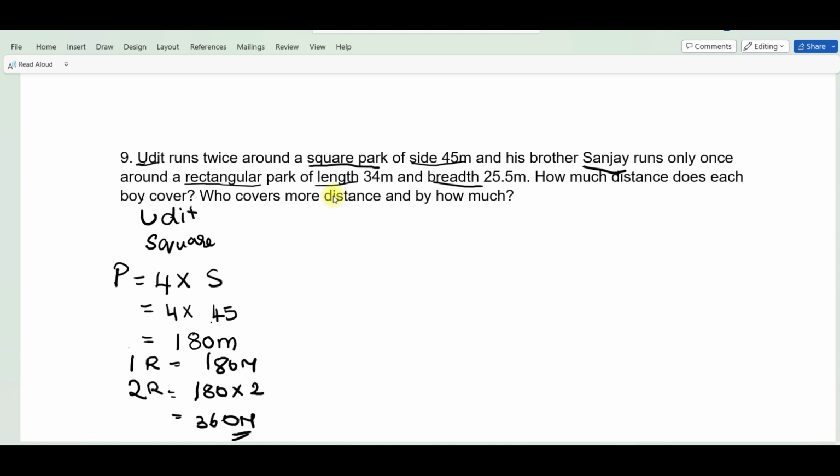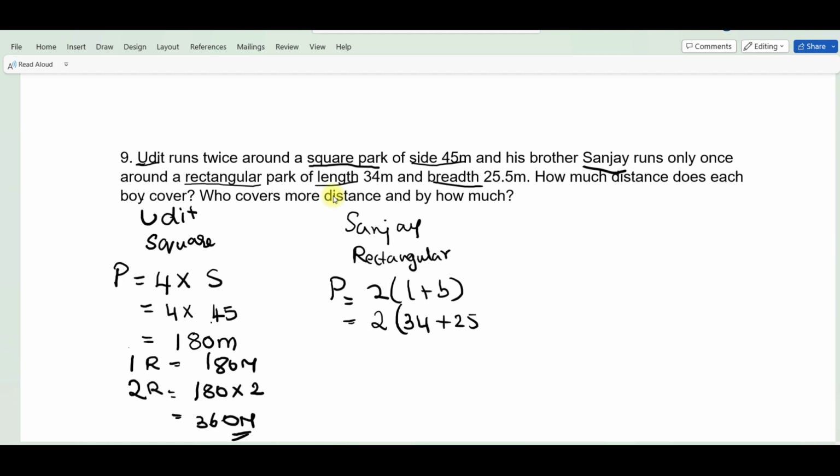Now let's find out what Sanjay does. Okay, for Sanjay, it's a rectangular park. So we'll have to put in the rectangular formula of perimeter. That is, the perimeter of a rectangle would be 2 into (L plus B). We have 2 into (34 meters plus 25.5 meters).